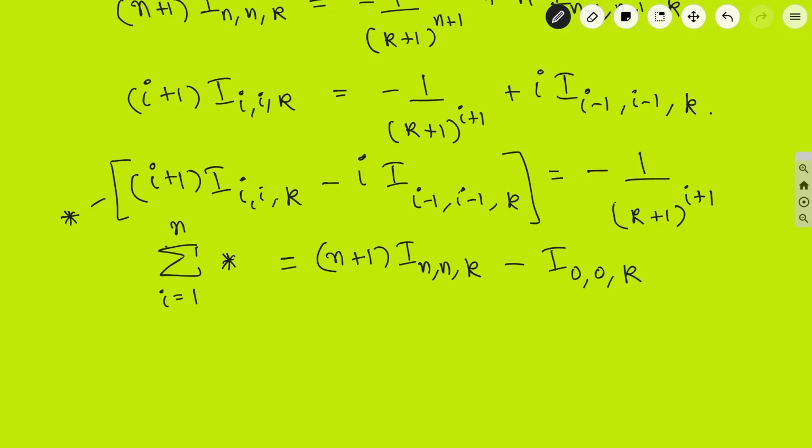And this is equal to, on the right hand side, the summation i from 1 to n of 1 by (k+1)^{i+1}, right?